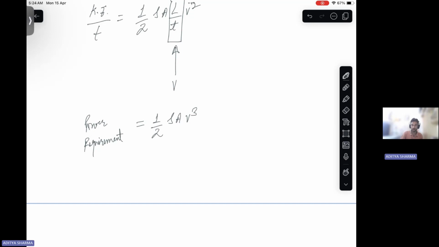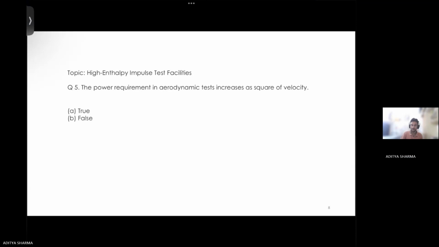If we see the question, it says that the power requirement in aerodynamic tests increases as square of velocity. So here it has to be not square but cube of velocity.